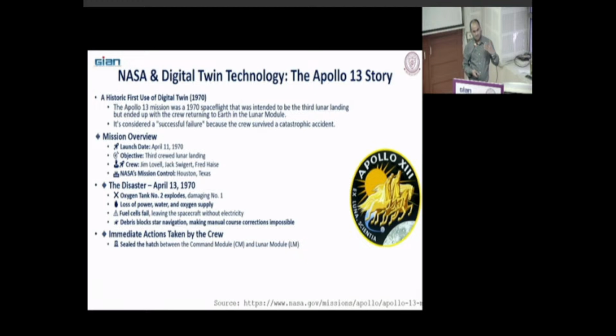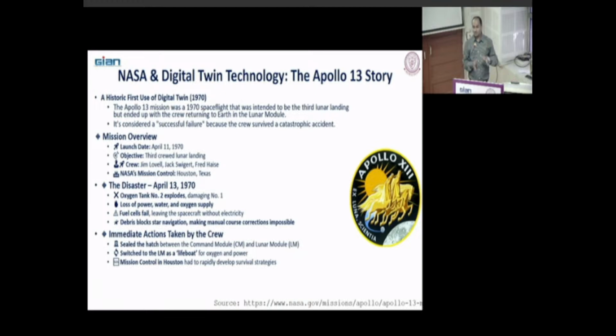So now they had to give up the option to land on the moon. They wanted to bring their crew members back safely to the Earth. So what they did: sealed the hatch between the command module and the lunar module, and switched to the LM lunar module lifeboat for oxygen and power. Mission control in Houston had to rapidly develop a survival strategy.